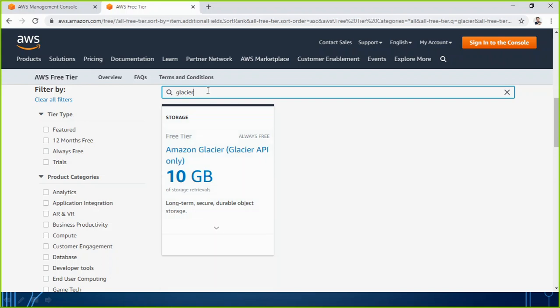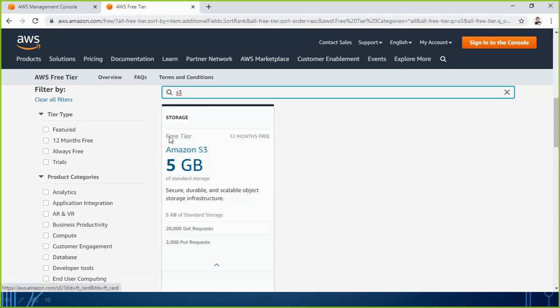If I talk about Amazon S3, there will be some limitations too. If I go for S3, here you can see that you have 12 months free. You will be able to use this service for 12 months free of cost. And the maximum storage you can have there is 5 GB.